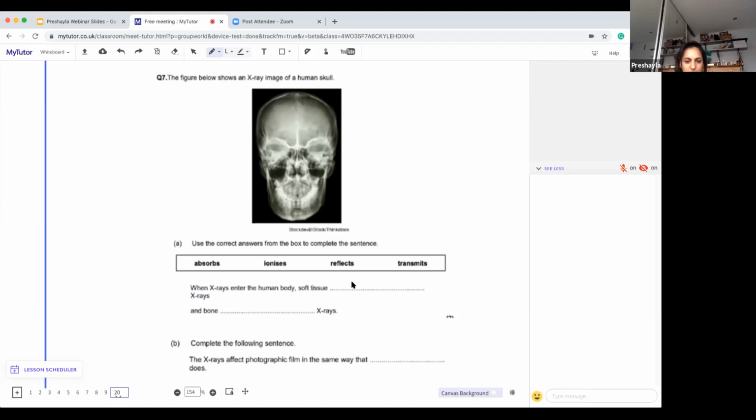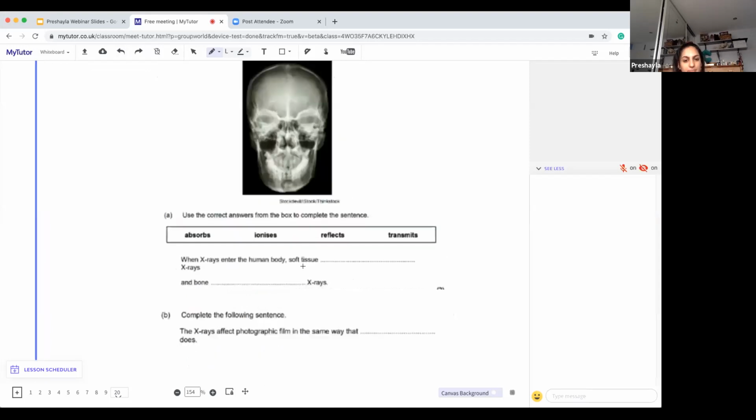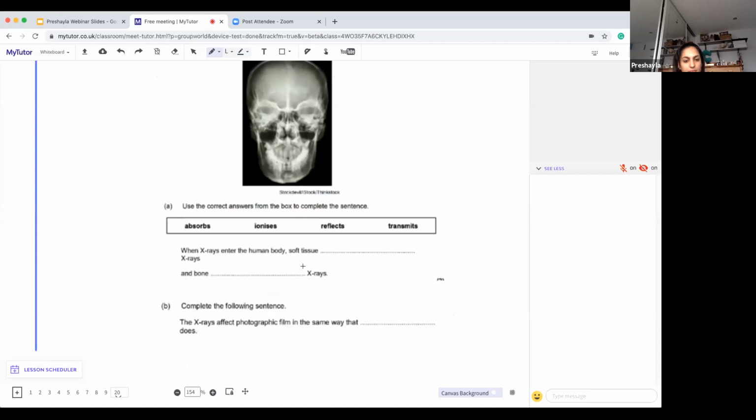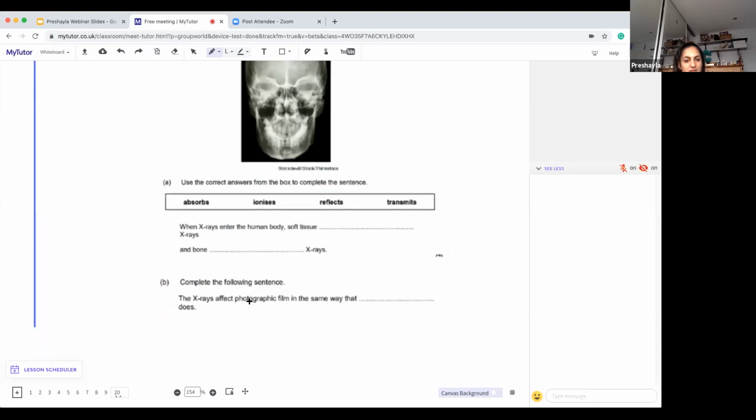So soft tissue transmits our X-rays through and bone absorbs them, okay, so that we get a negative image of the bone. The X-rays affect photographic film in the same way that light does.